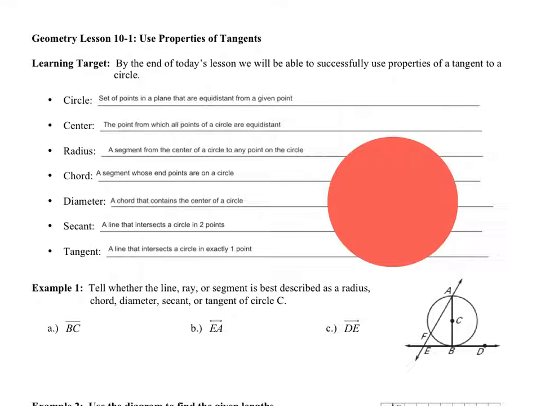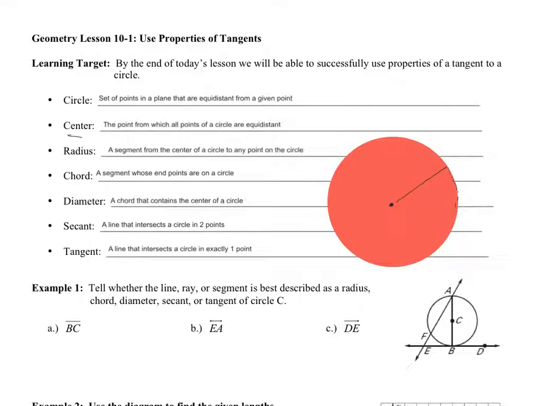The circle. The circle is a set of points in a plane that are equidistant from a given point. So, what this definition means is you have a point that's called the center, which is your second vocabulary term, and that is equidistant to a set of points that forms a circle.